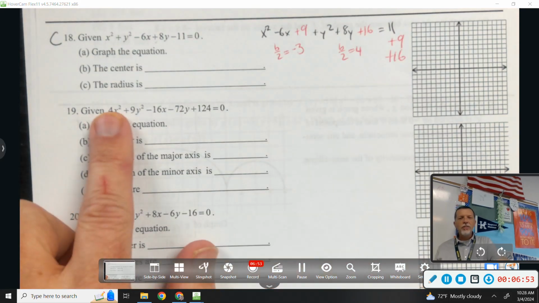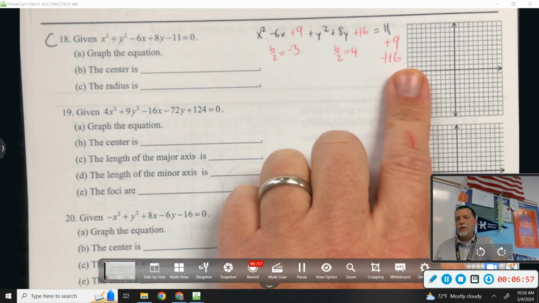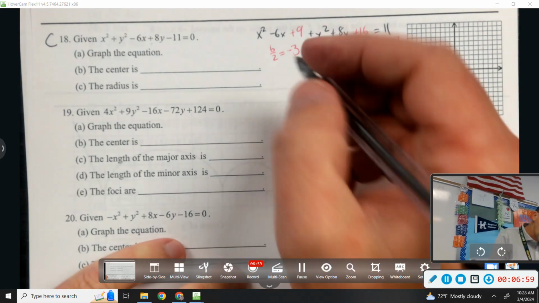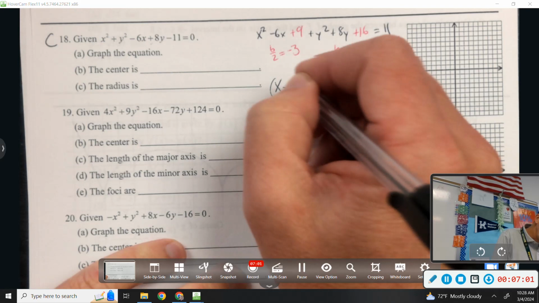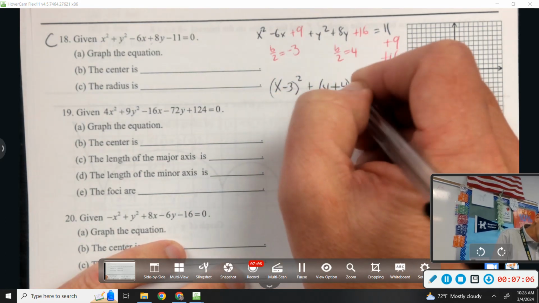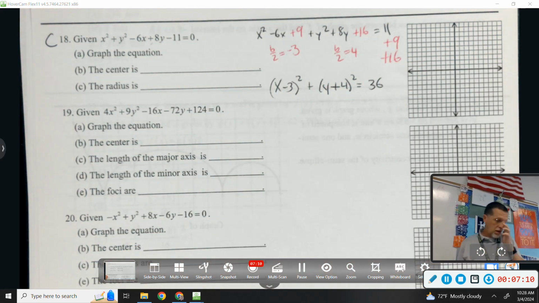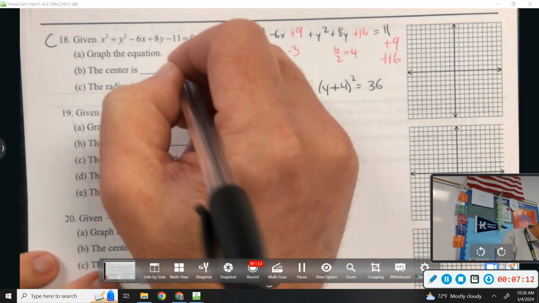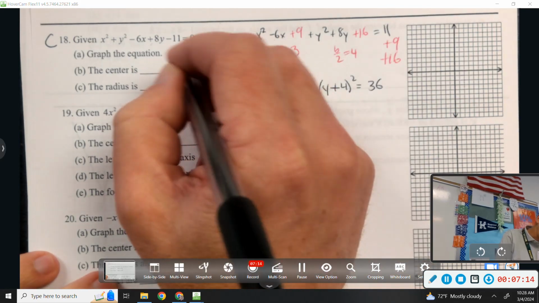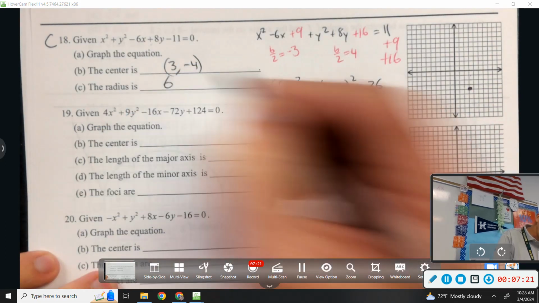If you've got a coefficient out front, or a negative coefficient out front, you have to be extra careful about what goes in on the other side. So (x - 3)^2 + (y + 4)^2 = 36. So the center's at 3, negative 4. The radius is 6.